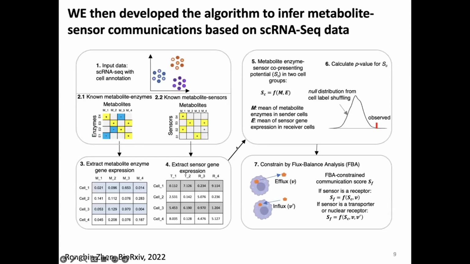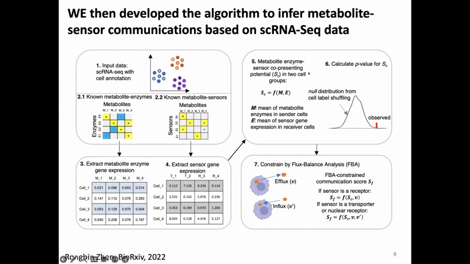With the curated database of metabolites, their sensor proteins, and their metabolic enzymes, we developed an algorithm which takes single-cell RNA-seq data as the input, and the algorithm extracts the enzyme expression and the sensor expression.